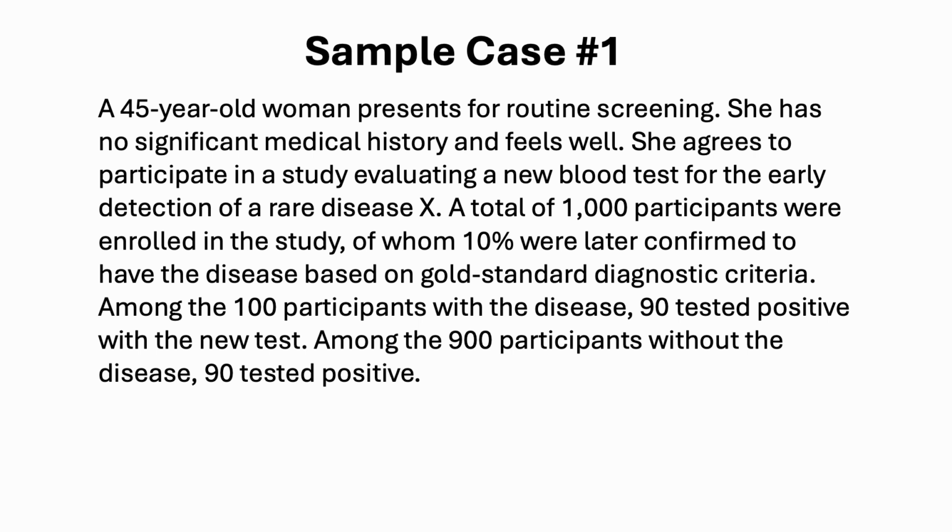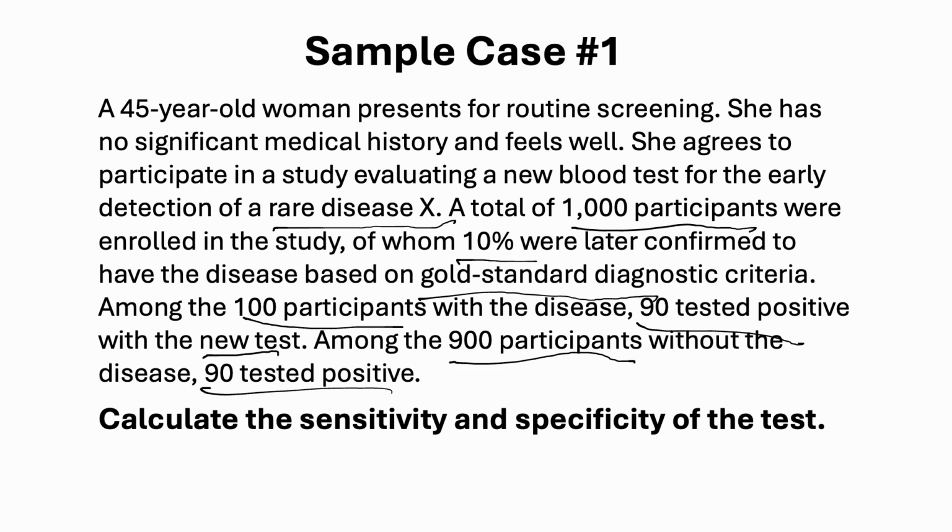This is the same case as before: a 45-year-old woman presenting for routine screening for rare disease X. There were 1,000 participants, 10% were positive based on the gold standard. Of 100 participants with the disease, 90 tested positive with the new test, and among 900 participants without the disease, 90 tested positive. So now we want to calculate the sensitivity and specificity of this test.